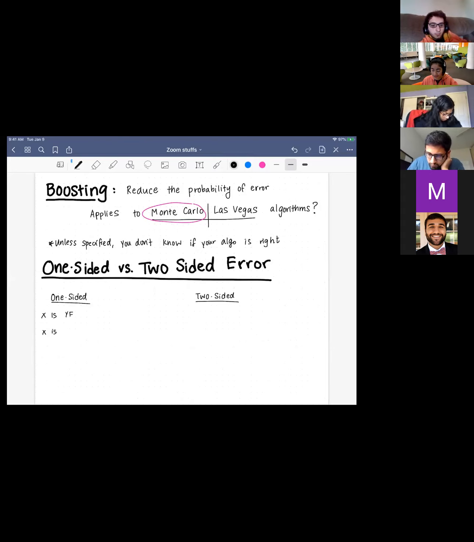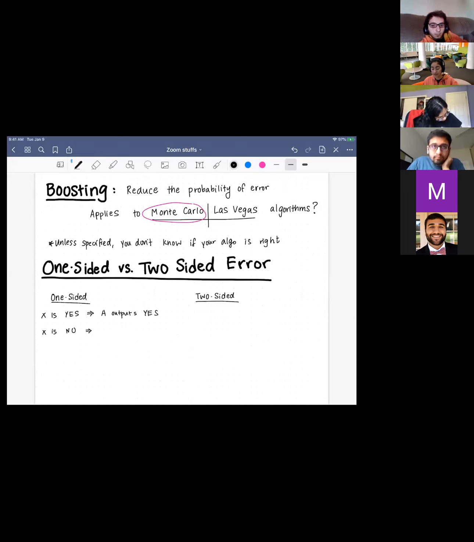If X is a yes instance or if X is a no instance, you're going to get different types of results. If X is a yes instance, then your algorithm is going to output yes. So it's guaranteed to get this one right.